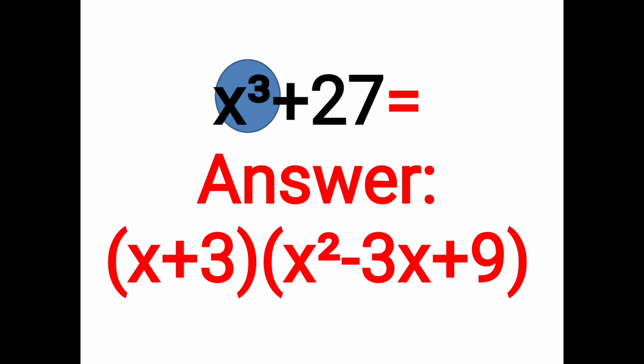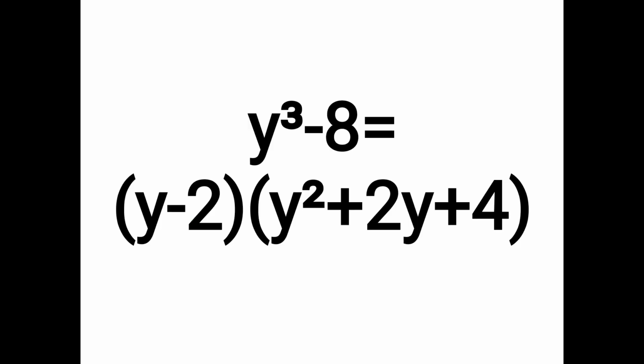So 3 times 9 is 27. Then to get the middle term of the trinomial, multiply x times 3, which is 3x. So therefore the answer is the quantity x plus 3 times the quantity x squared minus 3x plus 9.